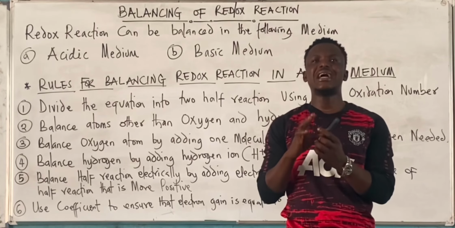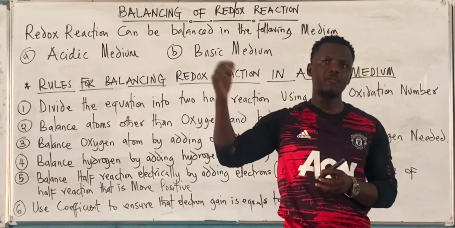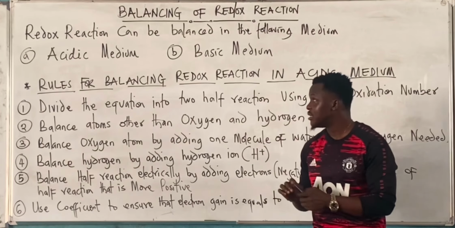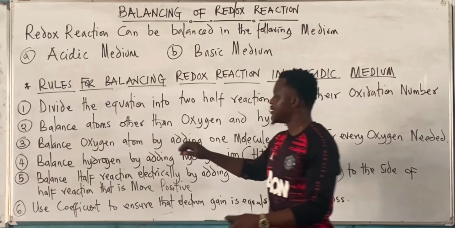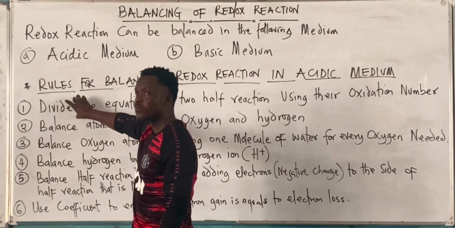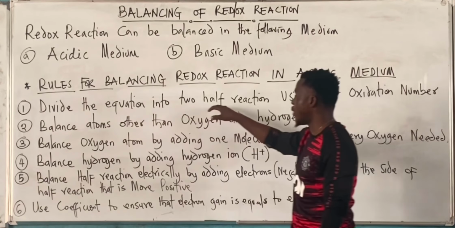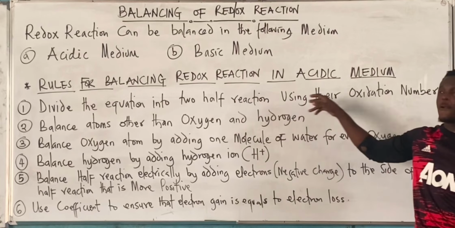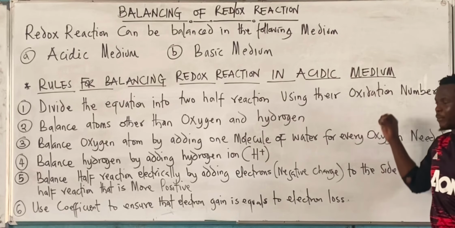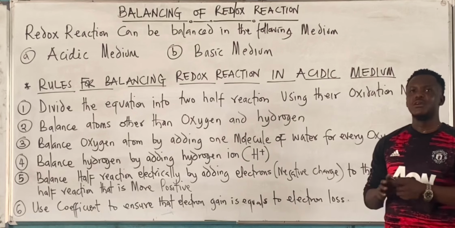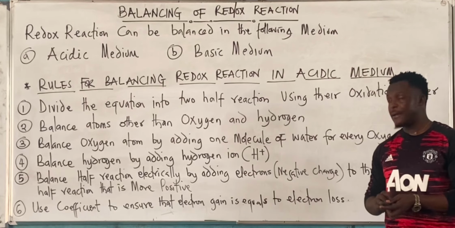And then we have the third guy, half reaction method, if you recall. Now, half reaction method is used mostly for redox reaction. So that's why we say, in rule number 1, you have to divide the equation into two half reactions using the oxidation numbers. Right? I'm going to give a brief explanation of oxidation number.